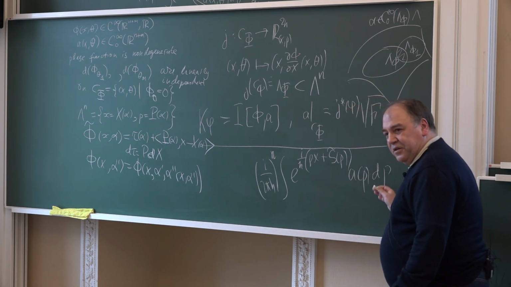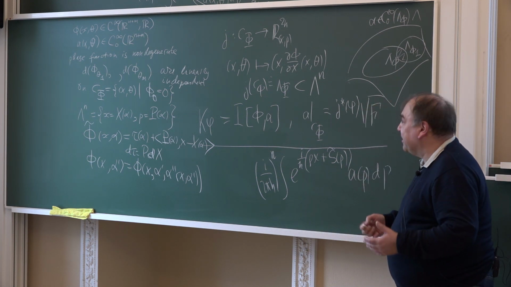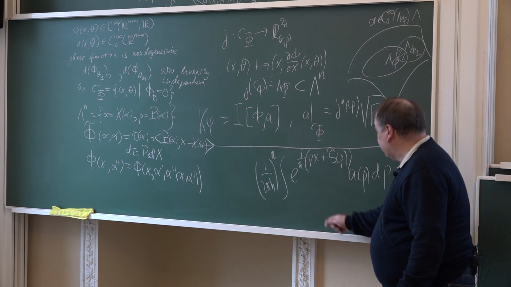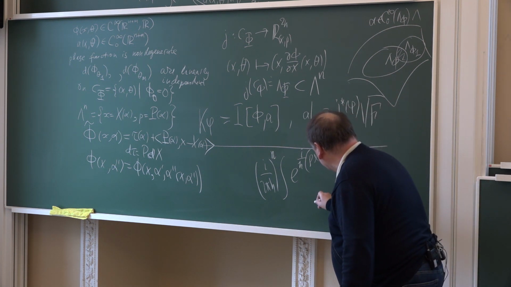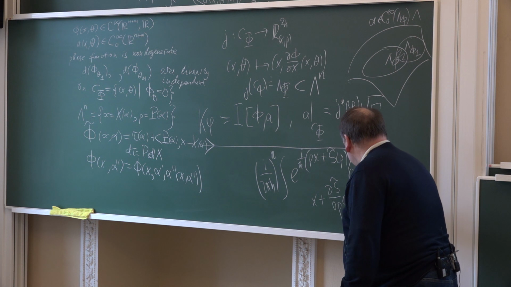This is the specific case of this oscillating integral. Then the Lagrangian manifold is given by the equation x plus d S tilde over dp is 0.